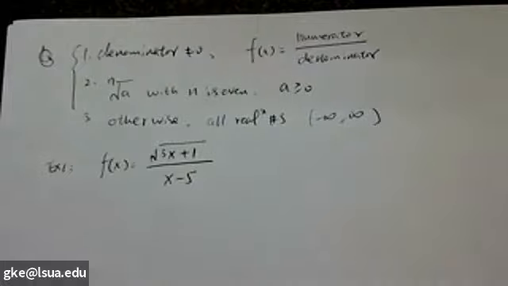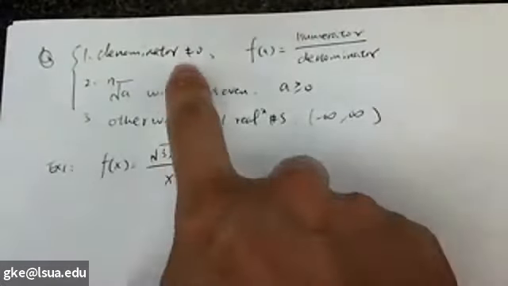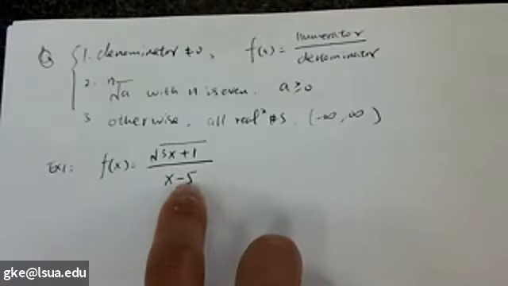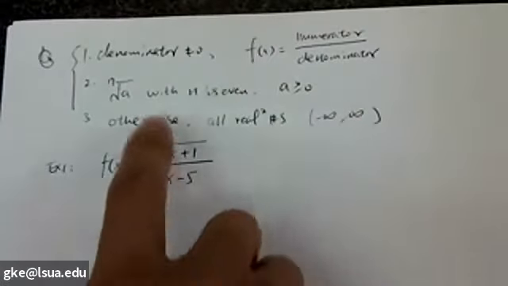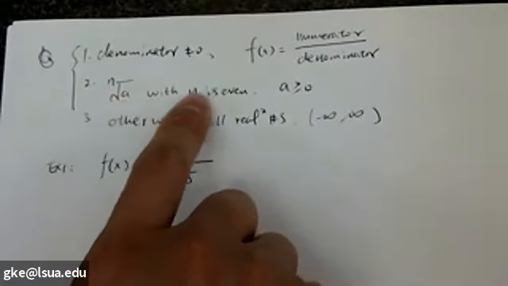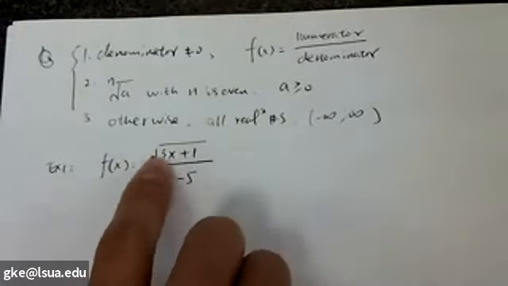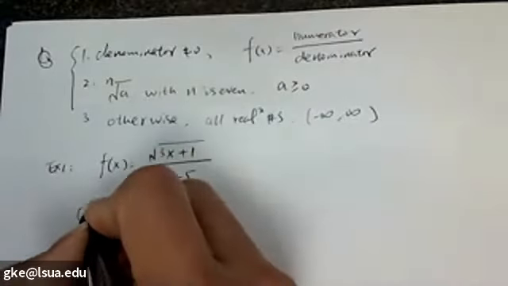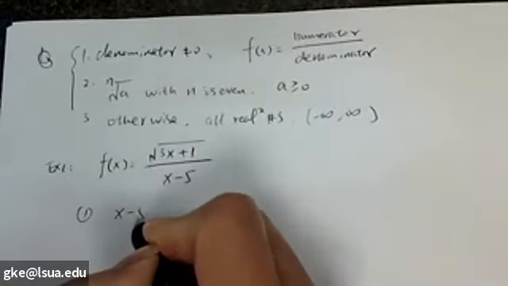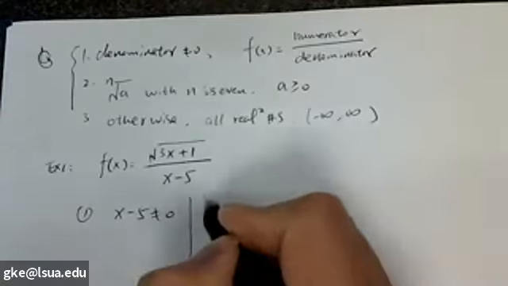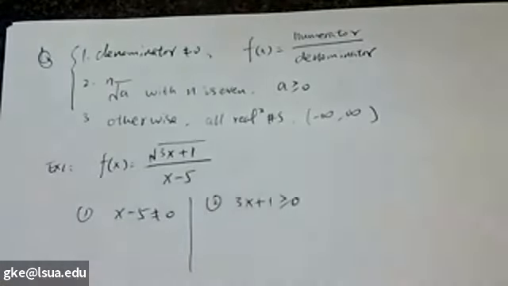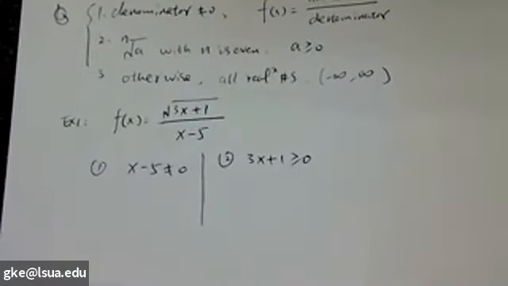I combined the first scenario, that is x minus 5 doesn't equal to 0, right? Because here we have a denominator. We also have the square root. So basically we have 2 scenarios for this example.